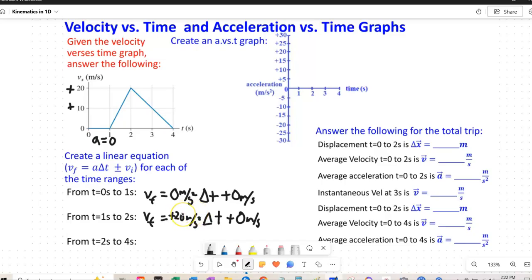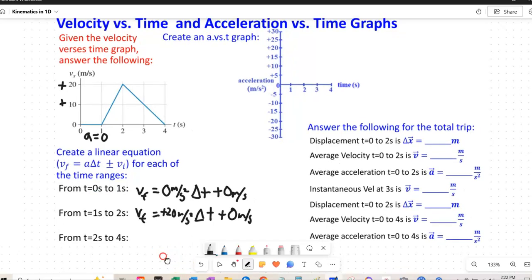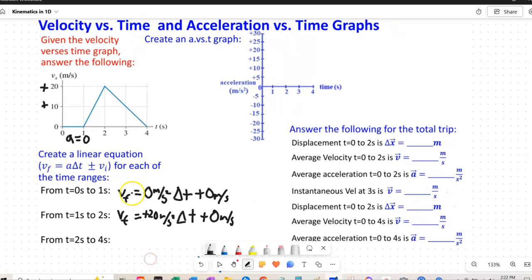And then finally, from 2 to 4 seconds, it looks like it's starting off at positive 20 meters per second. Let's figure out the acceleration of that one. It looks like a negative slope, so I'm just going to put a negative in front.